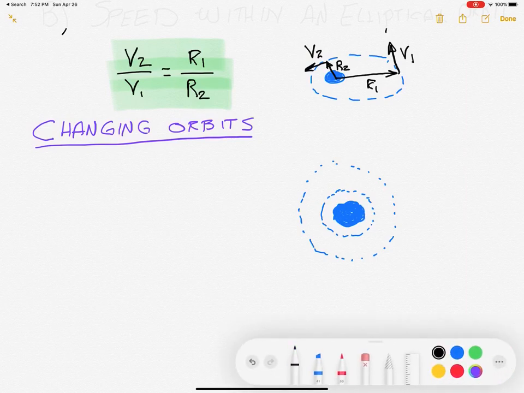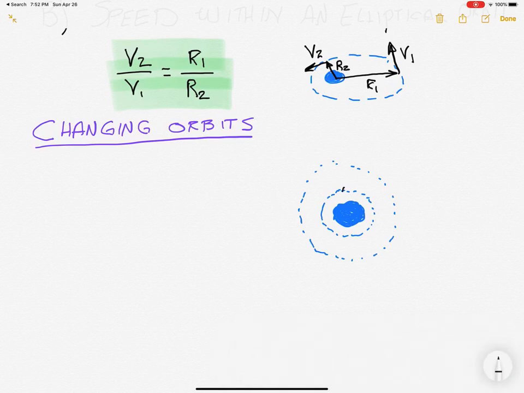And the way that is done is by adding some velocity to the system. So our goal is to move the satellite or whatever from its closer radius to a stable outer radius.